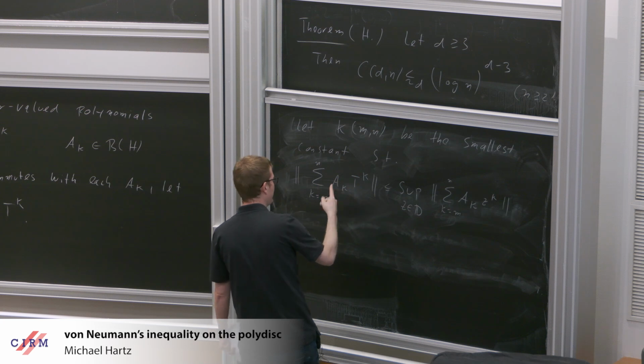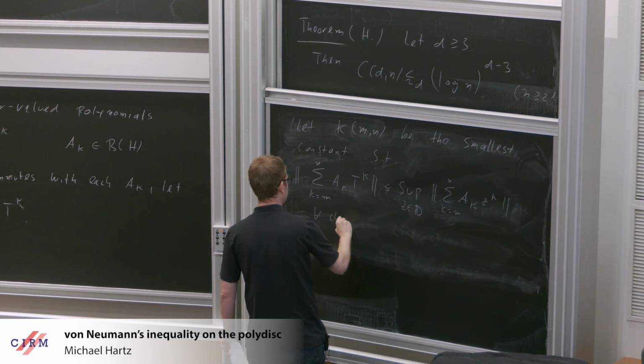So T should commute with a_k, T should be a contraction, and so on.